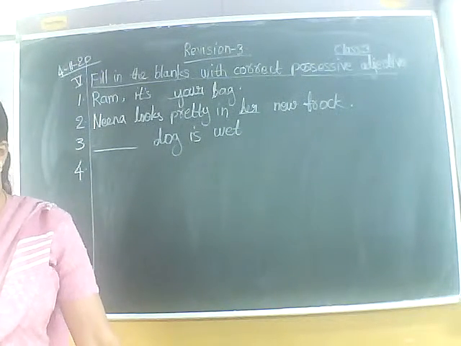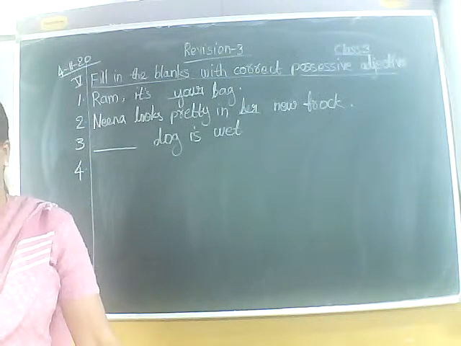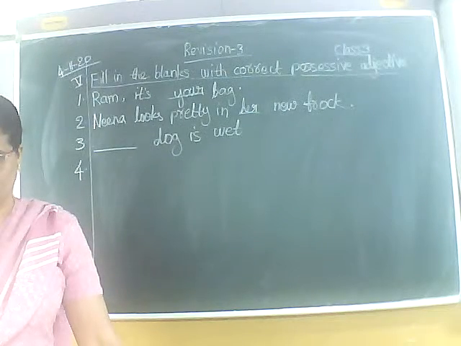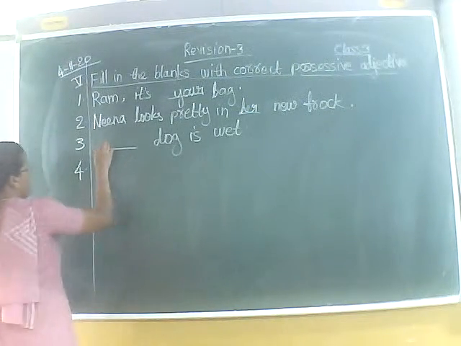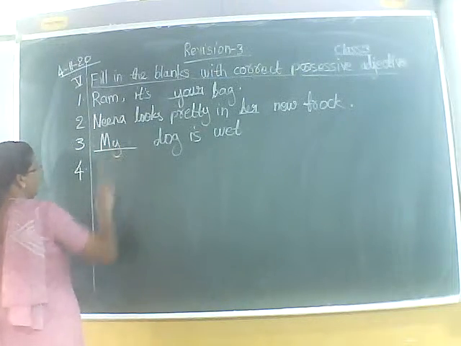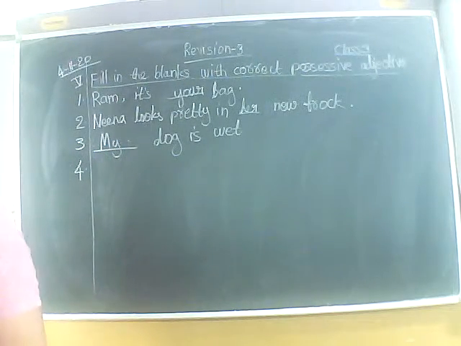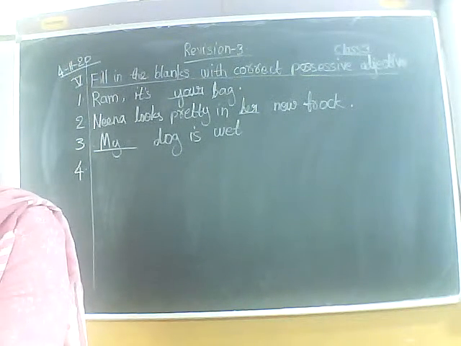Dash dog is wet. Yes. My dog is wet. Suppose you have a dog, then you will not write about others, right? You will write about yourself only. So it is my dog is wet.